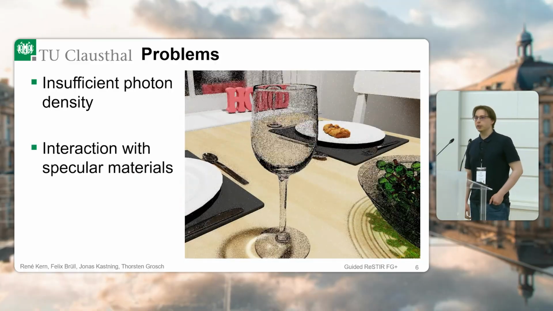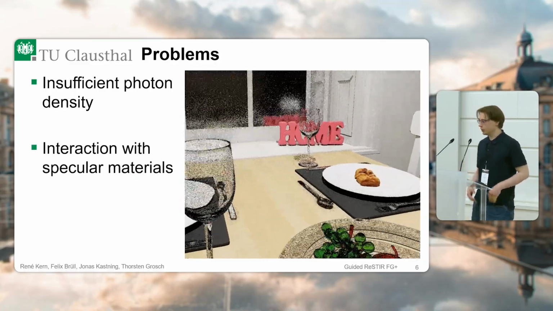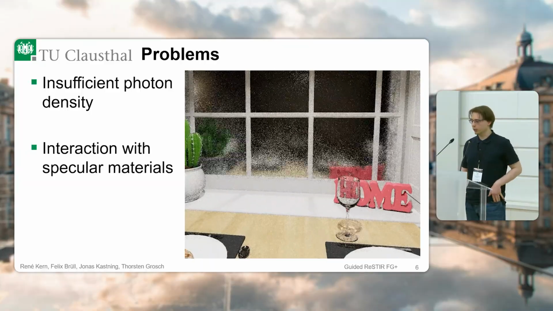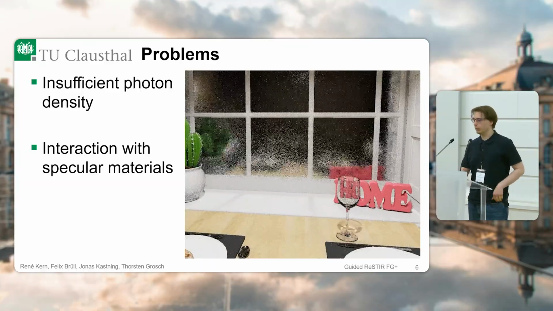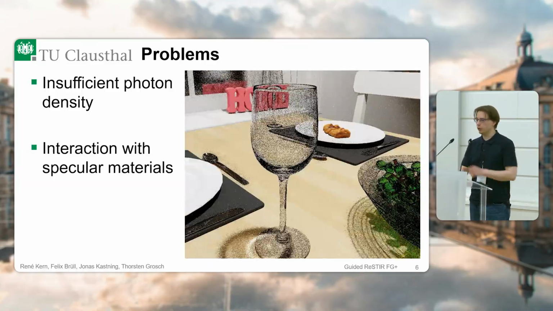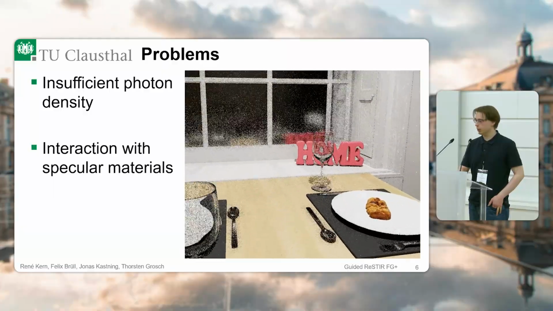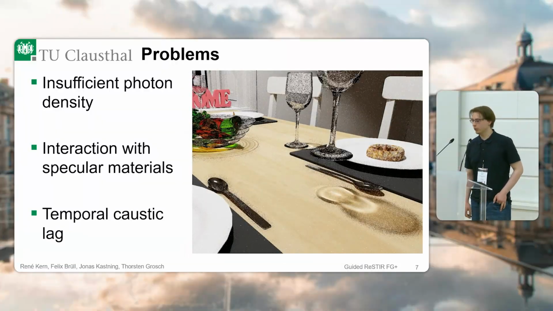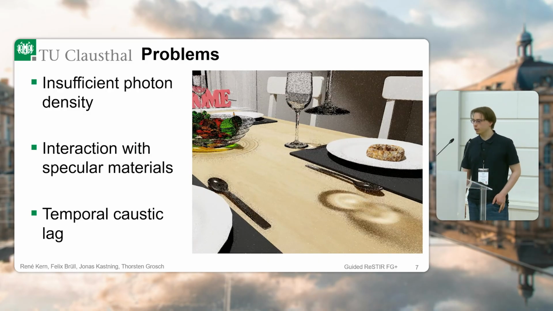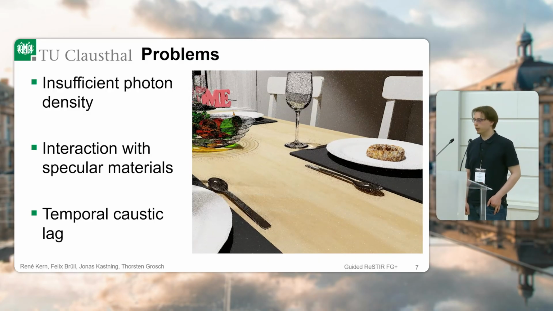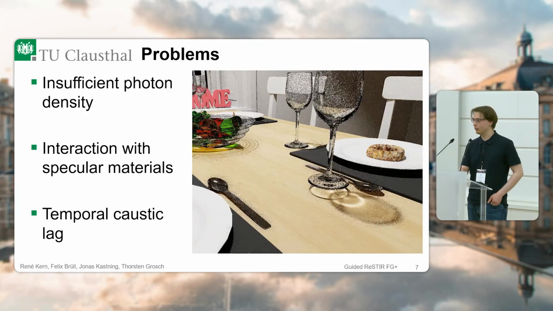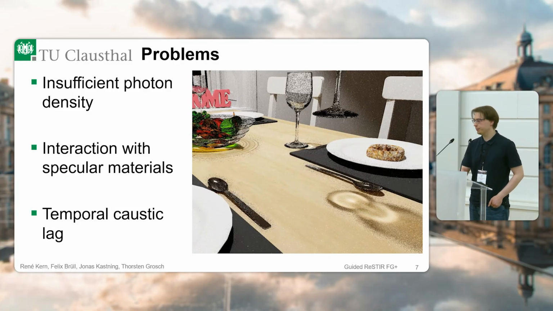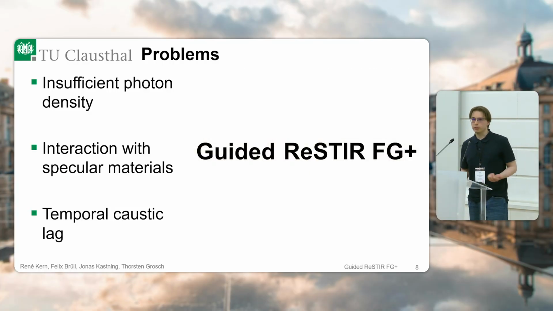Also, we assume that the first diffuse hit is always similar, which is not always the case, especially on glass materials or rough specular materials, and this causes noise because these samples are rejected. And we also didn't verify any caustic samples, any photon samples, and this causes lag for the photon samples if, for example, the glass moves. We will address all these three problems with our new algorithm, guided ReSTIR-FG+.